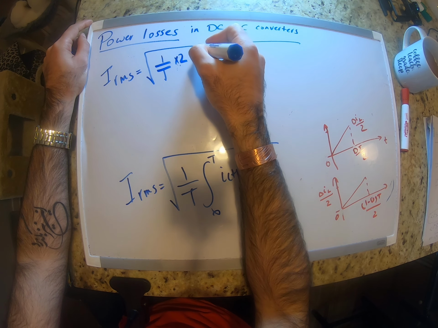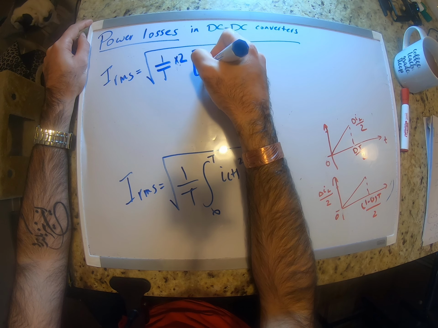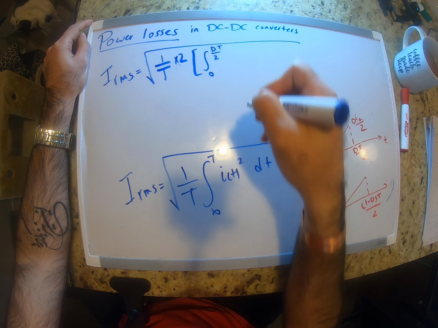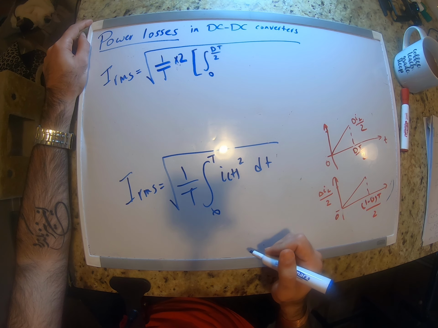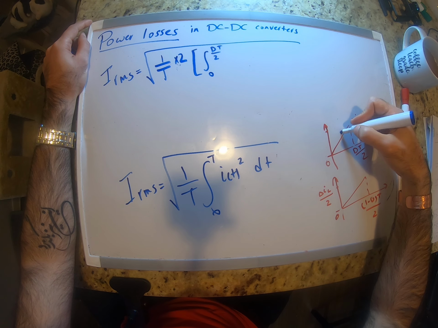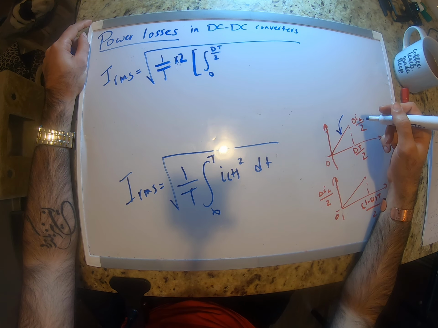Okay, and I'm just going to break these. So integral of 0 to dt over 2 of this line to power 2. What is the equation of this line?